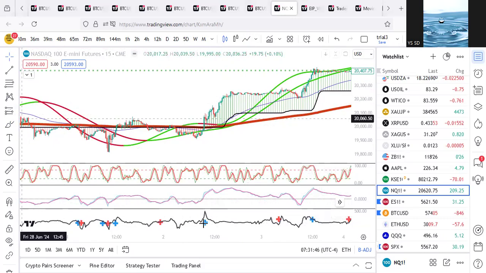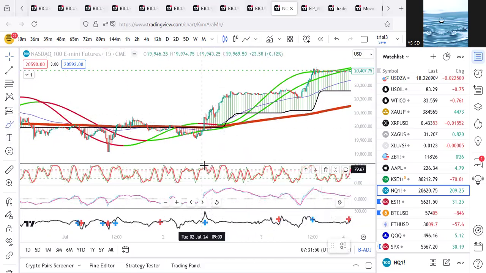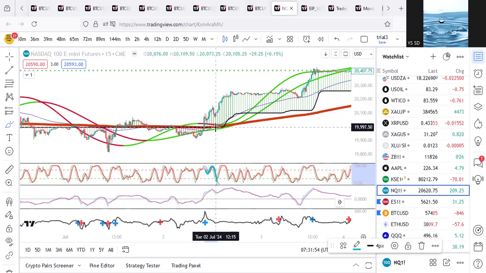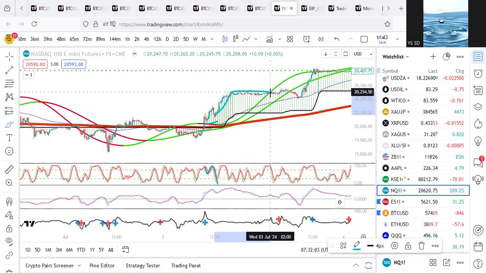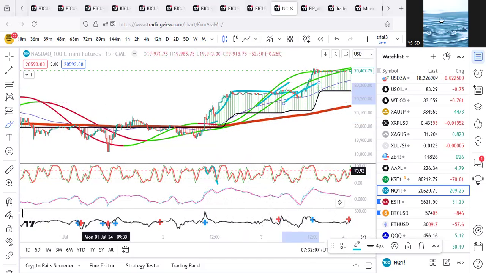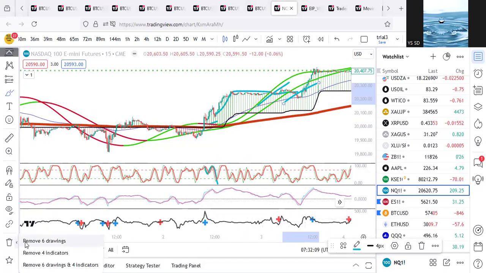Then we had an oversold on the EIP oscillator. Oversold, hidden bullish, everything bullish. We could have longed over here, and we could have longed until the price went inside this thing, so we could have gotten out.